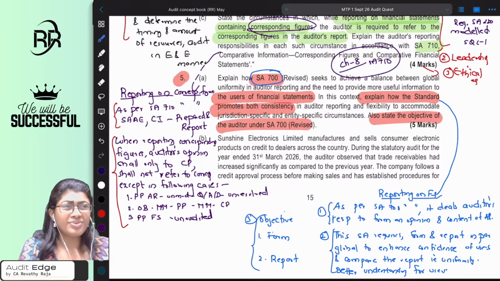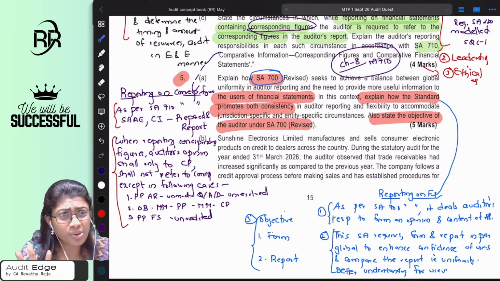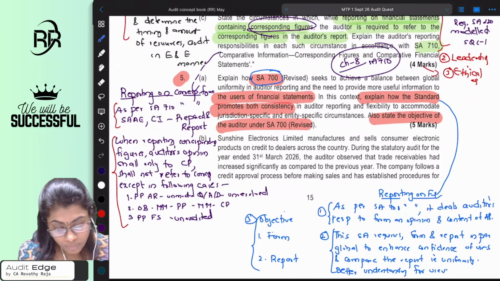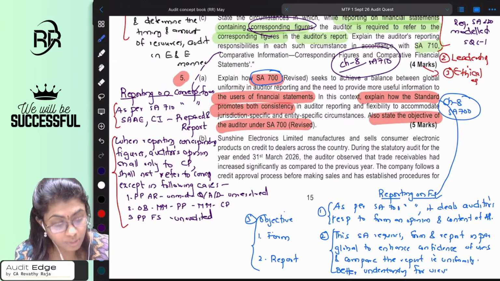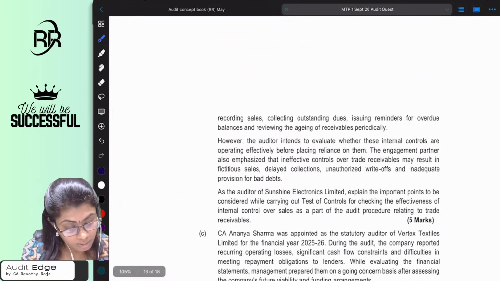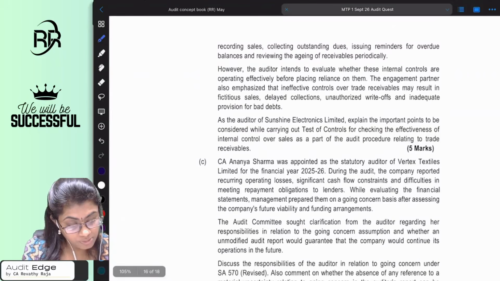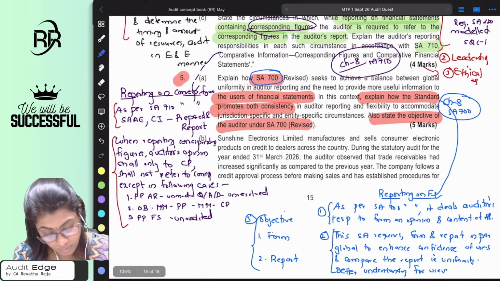No need to give the conclusion or in the given case, not required. Just plain directly to the answer. So that was again dealing with chapter number 8, which is SA 700, audit report. Okay, let's proceed to the next one.